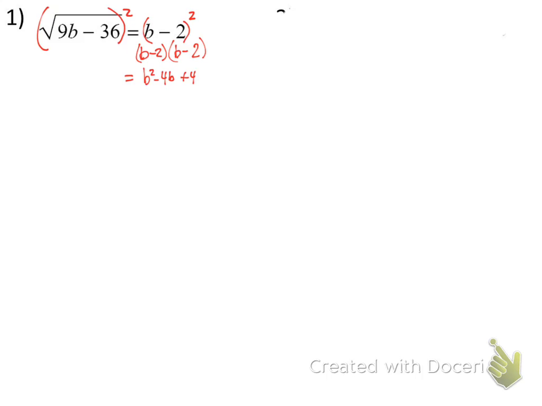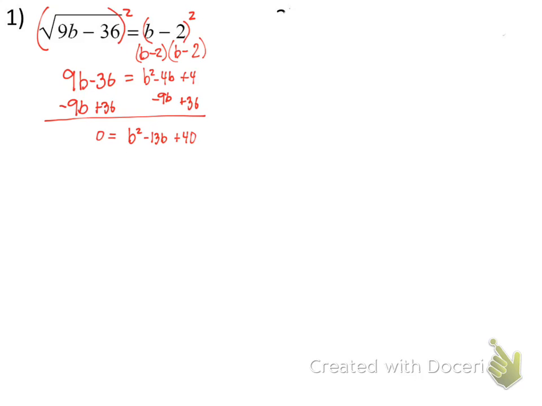Okay, so be careful. The left-hand side is 9b minus 36. Okay. And we combine like terms, subtract 9b from both sides. Add 36 while I'm at it. So we got 0 is equal to b squared minus 13b plus 40.